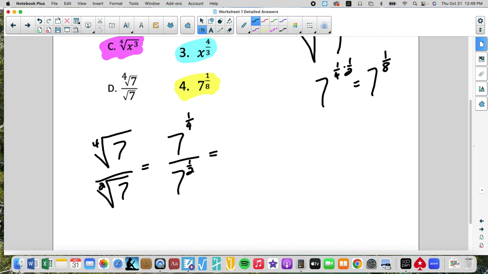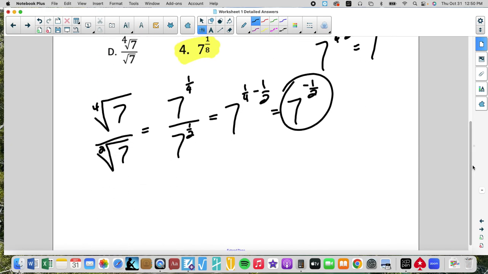We have like bases, so let's subtract their exponents. That gives us 7 to the negative 1/4. 1/4 minus 1/2 leaves us with negative 1/4, which would be equal to 1 over 7 to the 1/4.